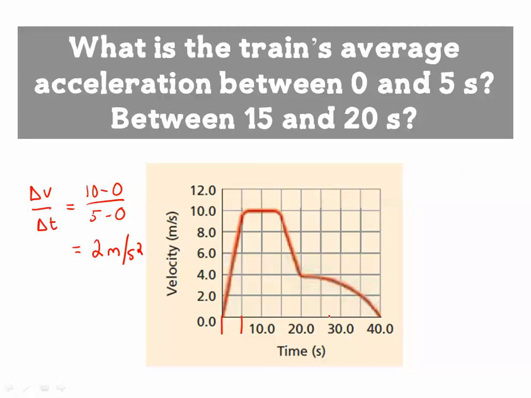If we're looking between 15 and 20 seconds, as the other one asks, we have our change of 10 to 4 over 20 minus 15, which is 6 over 5, or 1.20 meters per second squared.